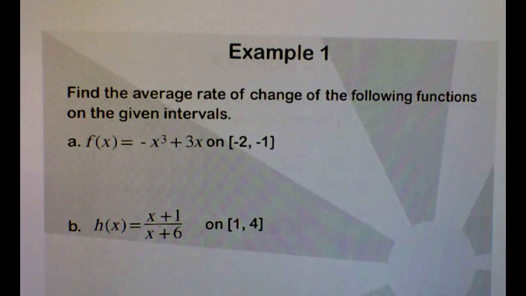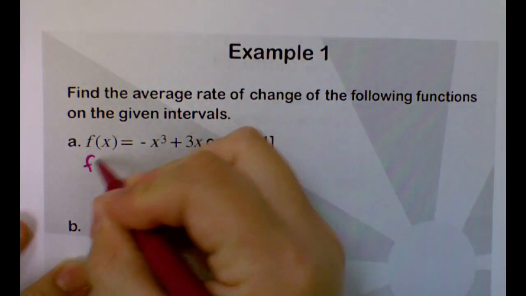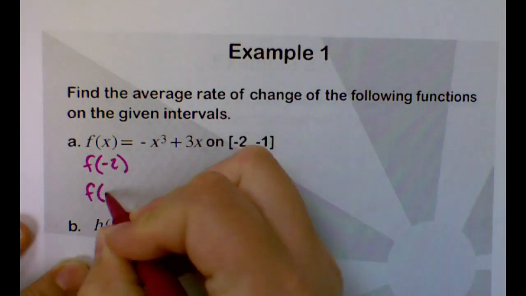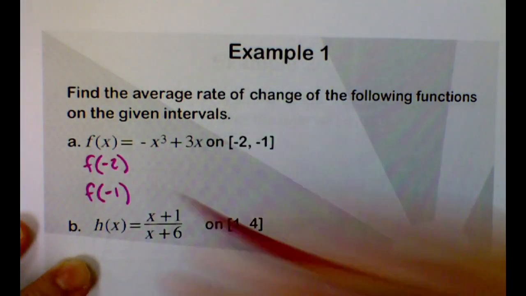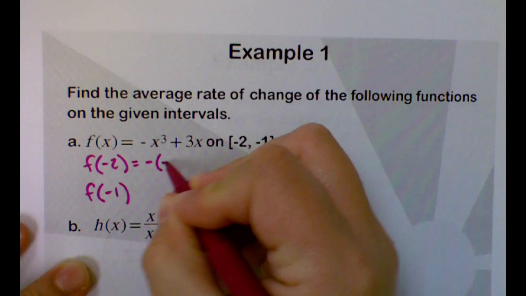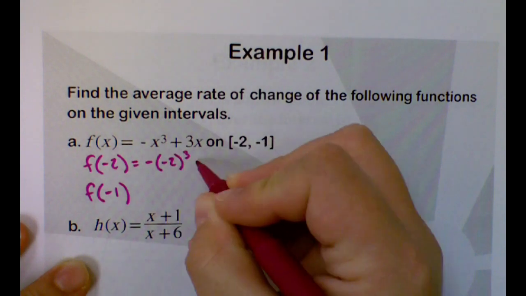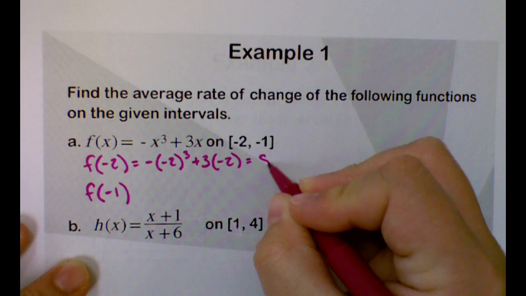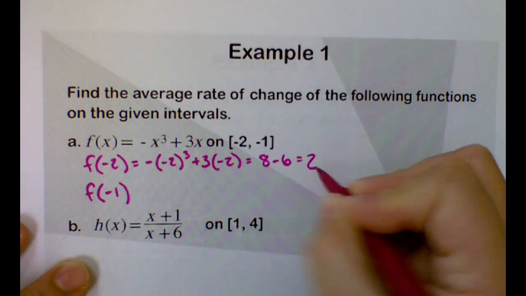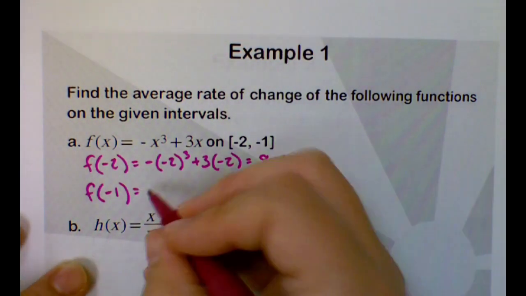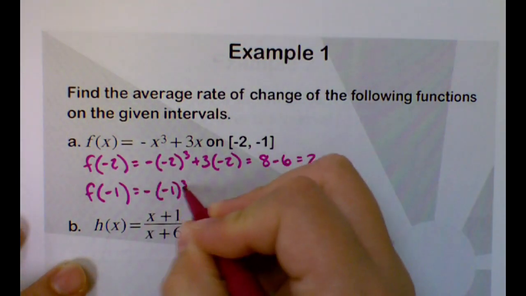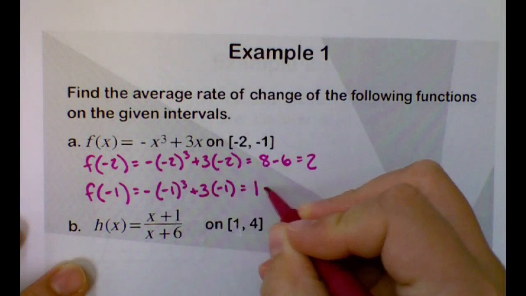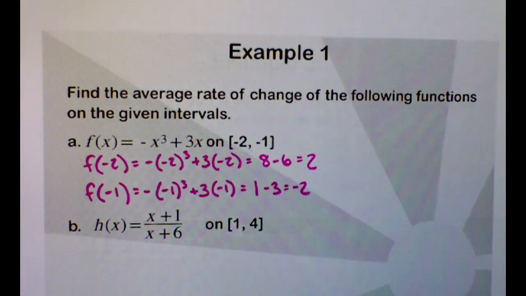So the first step we do, we find f of -2 and f of -1. Well, f of -2 gives me -2 cubed plus 3 times -2, which is 8 minus 6, which is 2. And f of -1 is -1 cubed plus 3 times -1, which is +1 minus 3, which is -2.